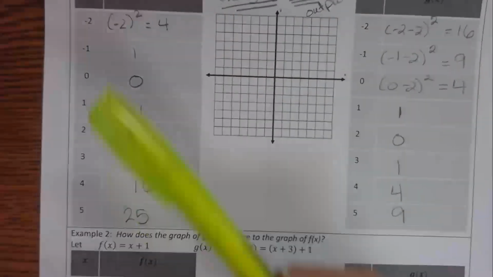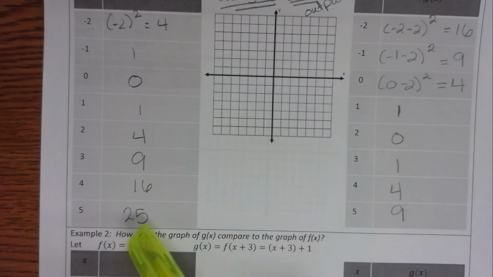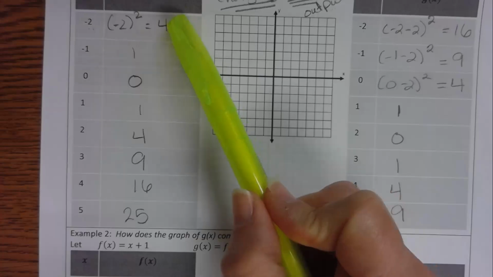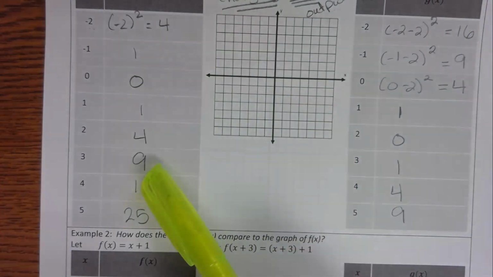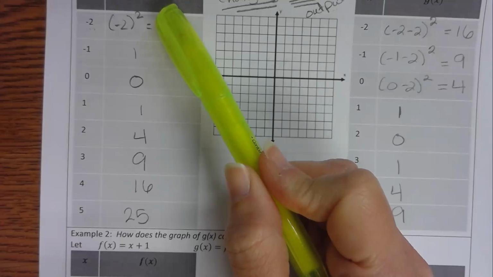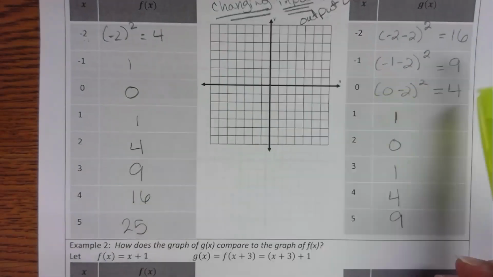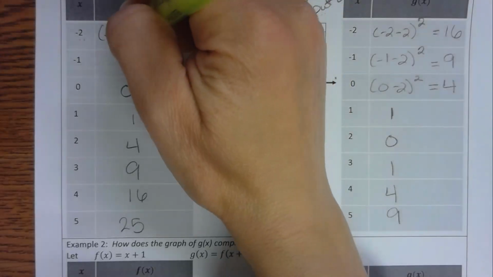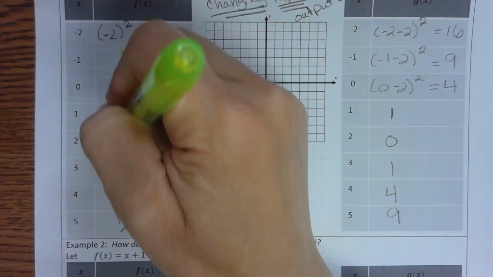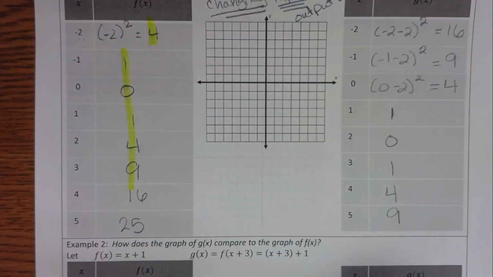Okay, I'm going to start here with 4, 1, 0, 1, 4, 9. Where do you see that in exactly the same order in this table? Okay, so we're going to highlight the output. 4, 1, 0, 1, 4, 9. Where is exactly the same order in the other table?